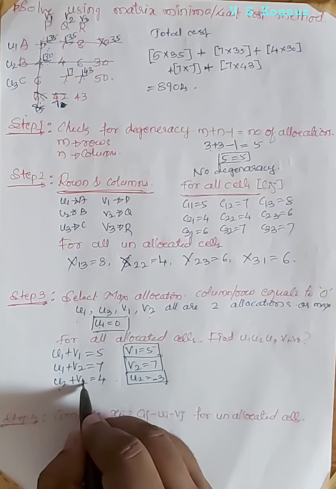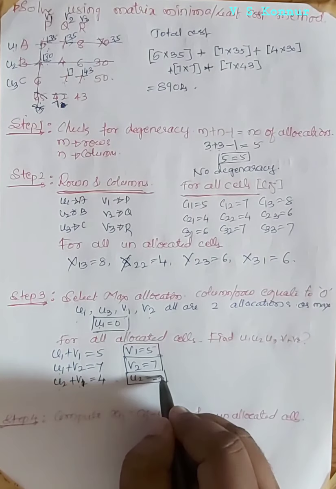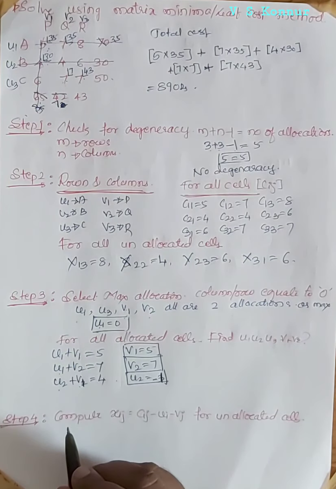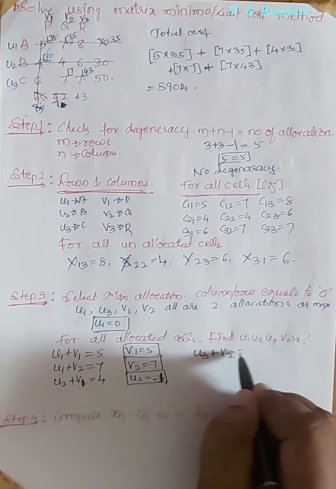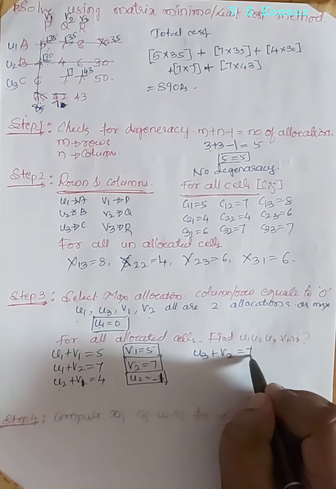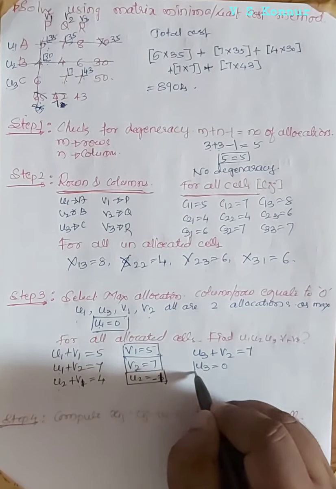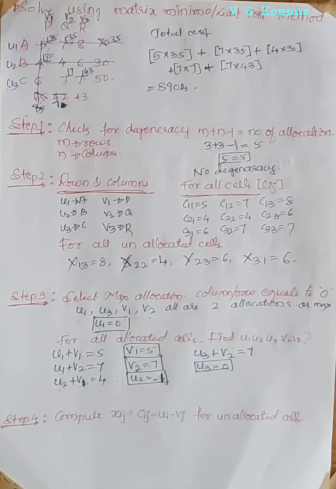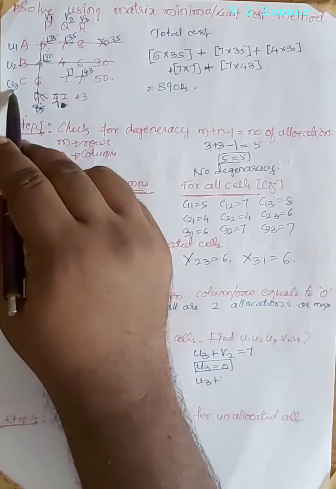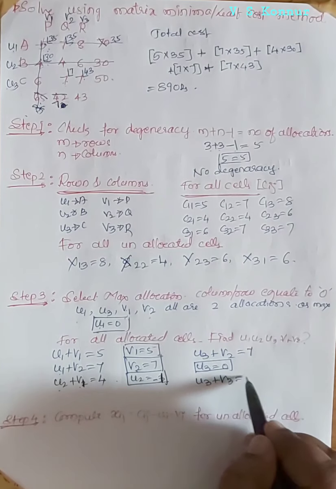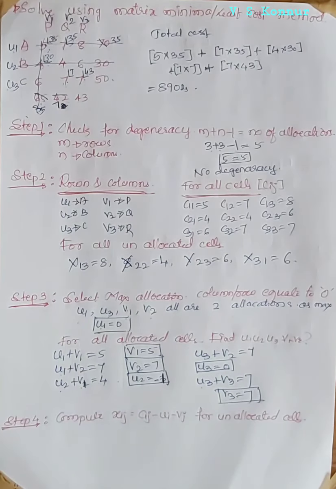We have calculated V1 is equal to 5. If it goes that side, it is minus 1. Next one, U3 plus V2 equal to 7. We have calculated V2 value as 7. So U3 is equal to 0. Next, U3 plus V3 is equal to 7. We have calculated U3 equal to 0, so V3 is equal to 7. So these values we have calculated.